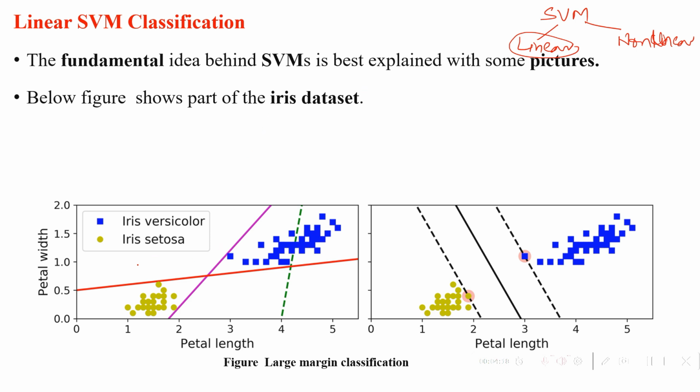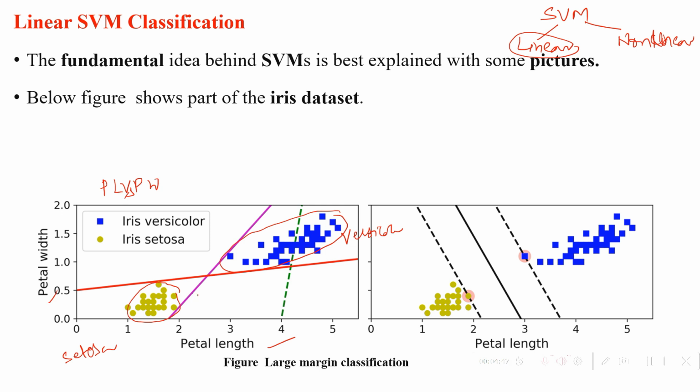If you draw the graph between petal length on the x-axis and petal width on the y-axis, the distribution of these points are setosa, and these are versicolor.